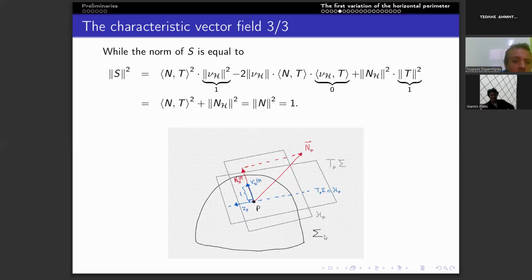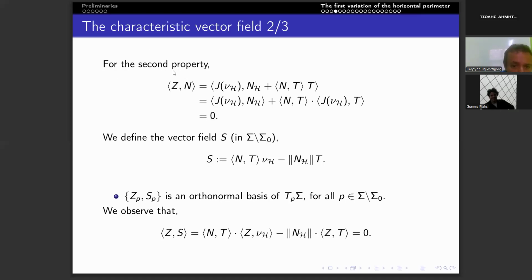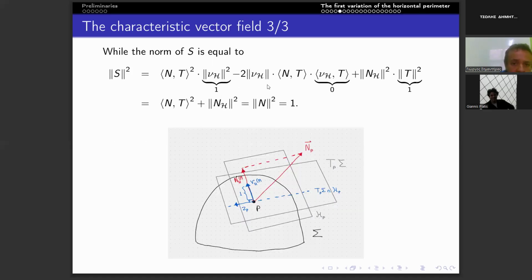And now it remains to compute the norm of the vector field S, which we can calculate via its definition here. Using some elementary properties of the inner product, we can see that this term is equal to 1 because it's the horizontal normal unit vector.